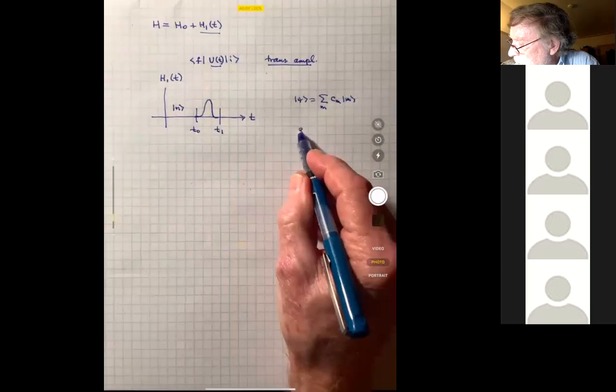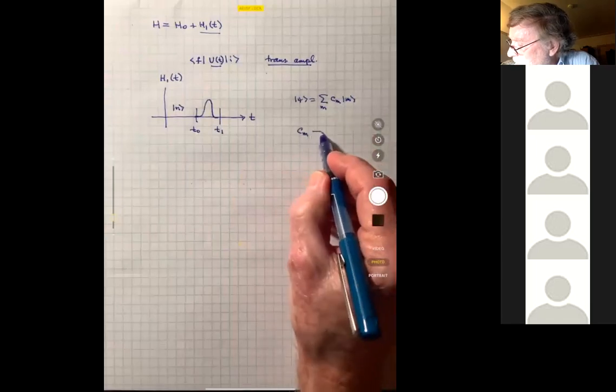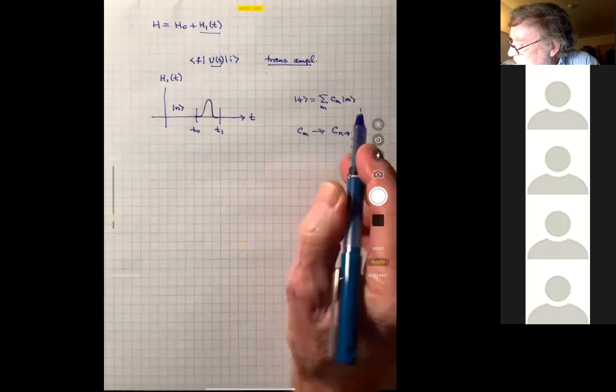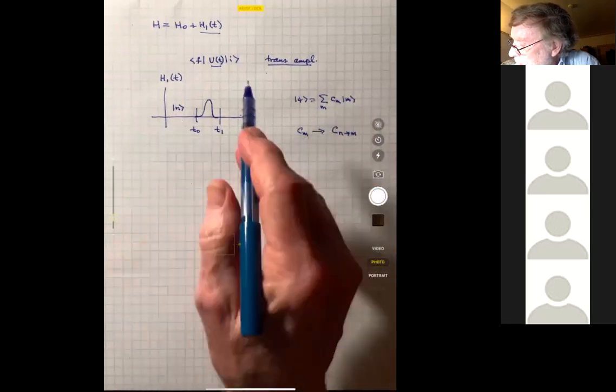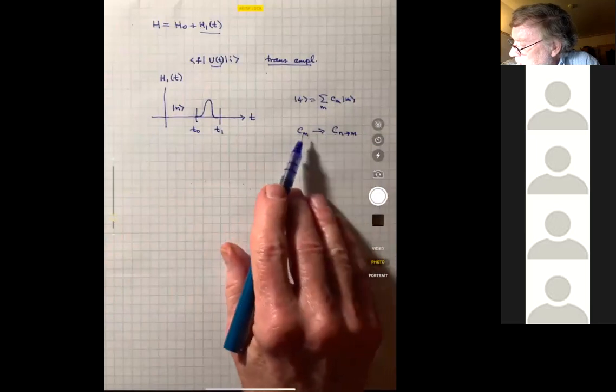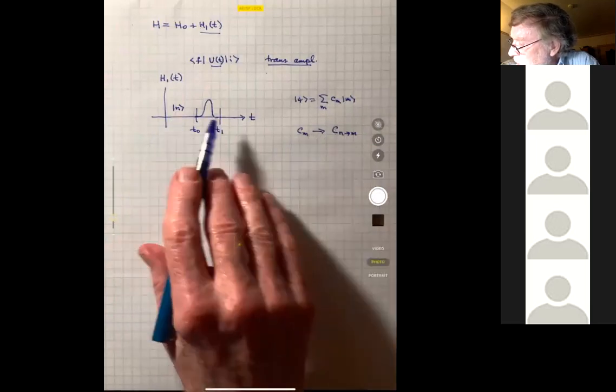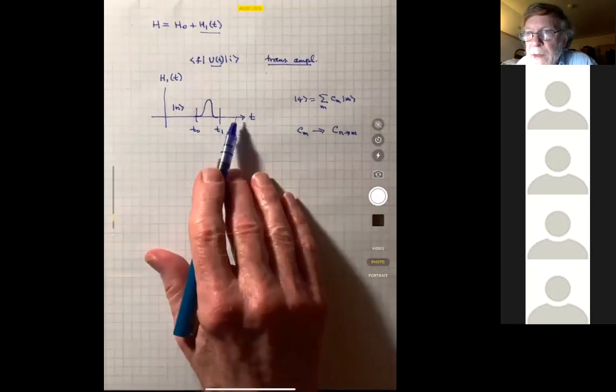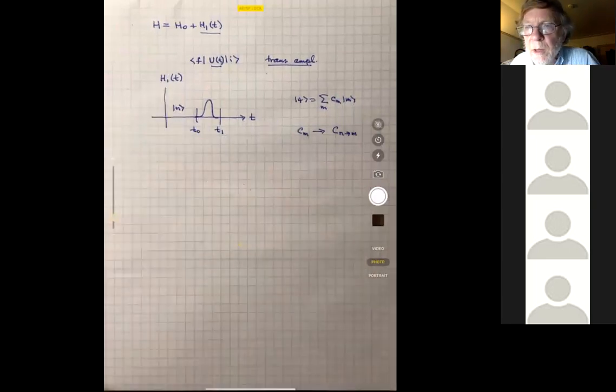And these c sub m's are the transition amplitudes. In fact, it might be better to write them as c sub n goes to m, the way that I've done it here, because it gives you the amplitude to make a transition from the initial state to the final state. And of course, the system might remain in the initial state. That was part of the issue with the Mossbauer effect.